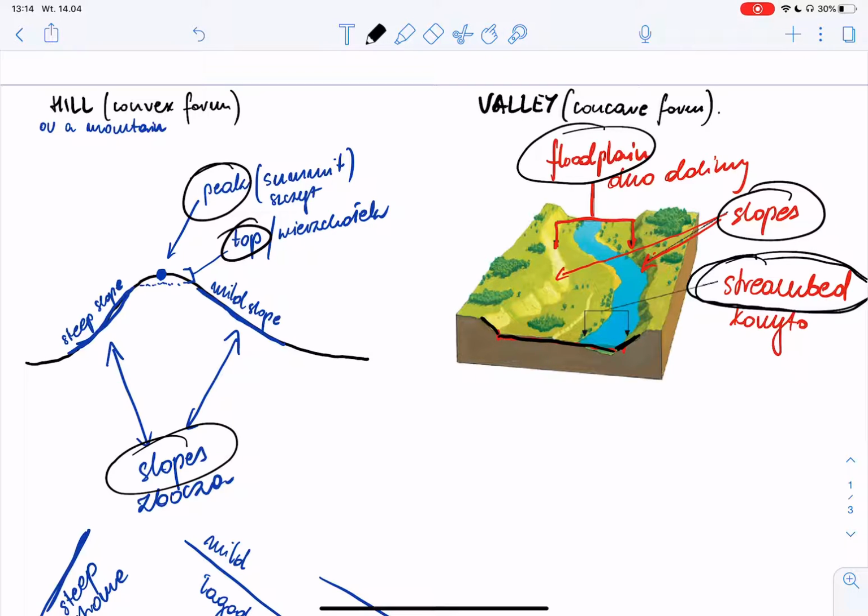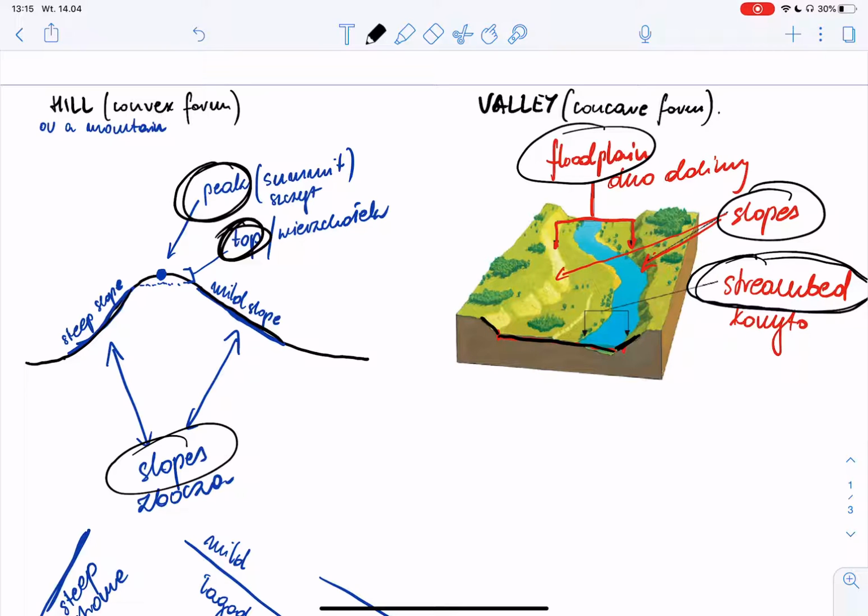And if it comes to a hill, then we have a peak, or a summit, both words are correct, which is the highest point of a hill or a mountain. We have a top, which is basically the top part of the hill, and of course on both sides we have slopes, actually on each and every side, because this is just a drawing. In reality they all have four sides.